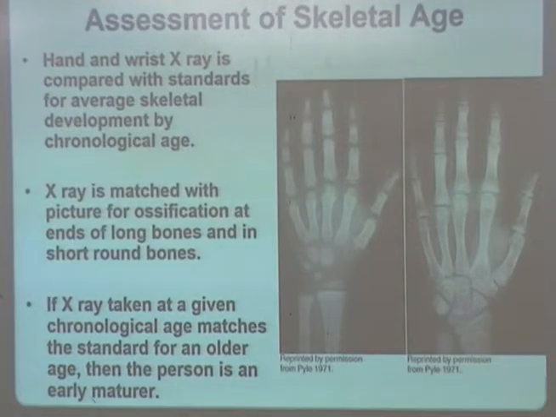Right? You can't assume, we said this last week, that just because they're all the same chronological age does not mean that all their systems are at the same level. Okay? Chronological age is not maturity.